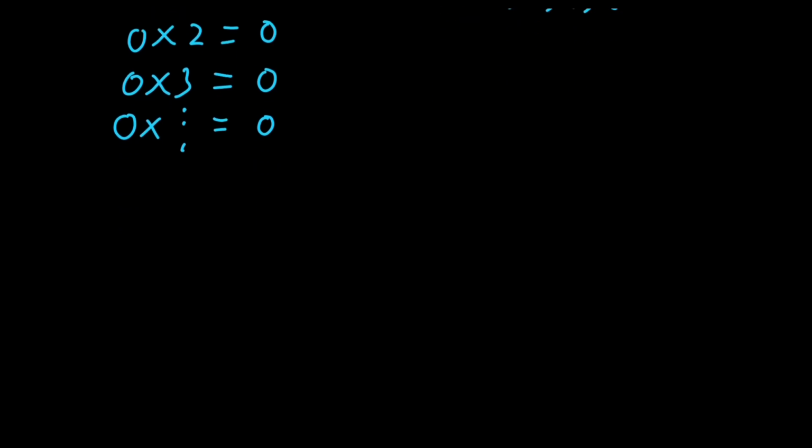Now, for the number 1, 1 times 1 will give you 1, right? Some students will say there are 2 factors, right? But remember, it should be unique numbers or unique factors. In this case, they are repeated.